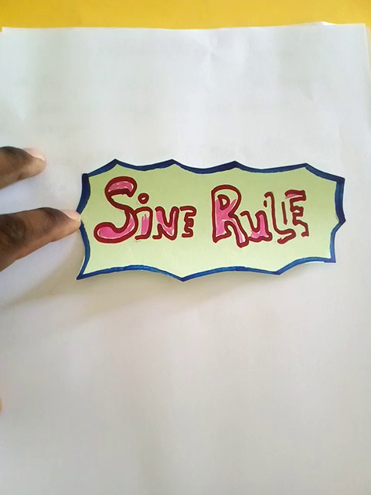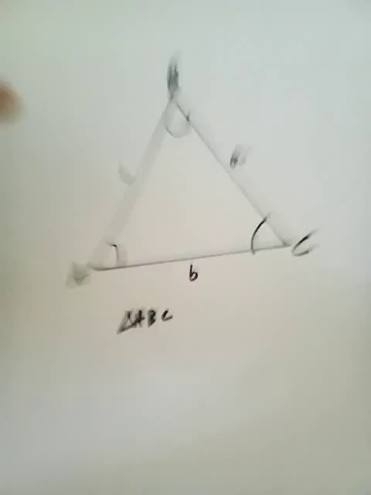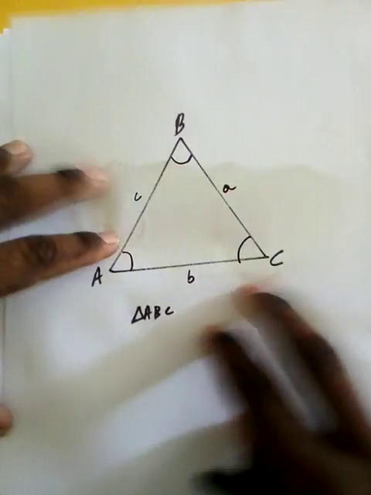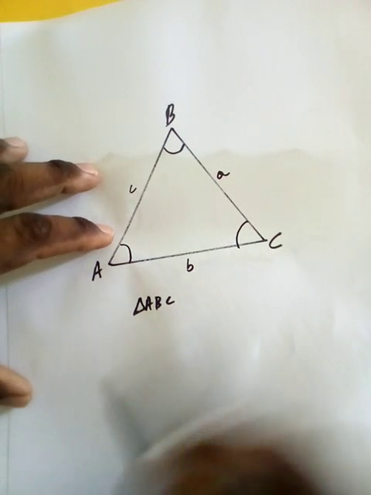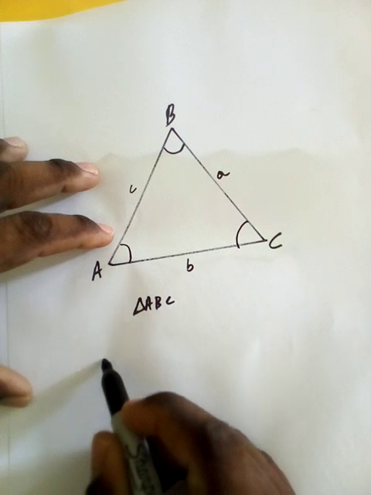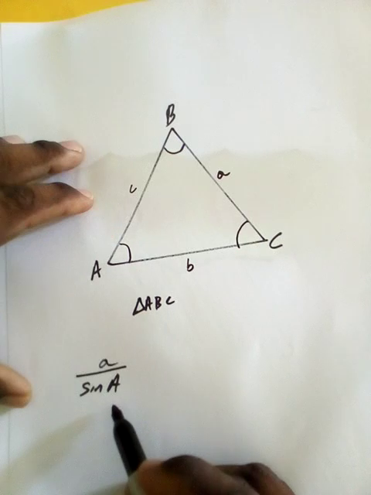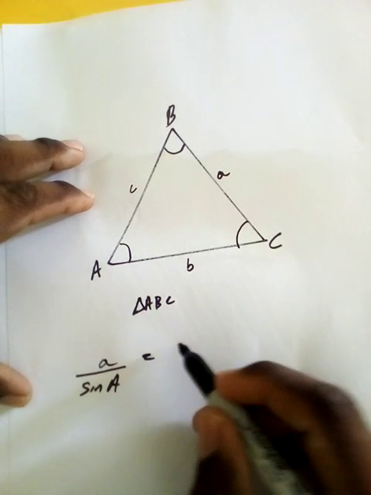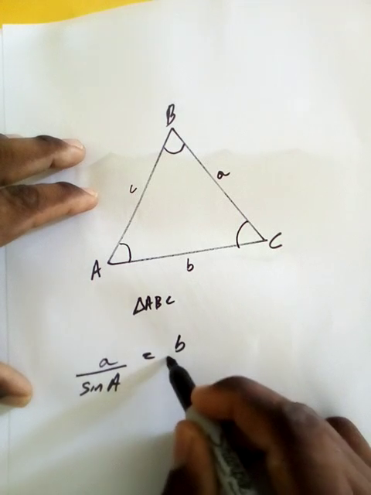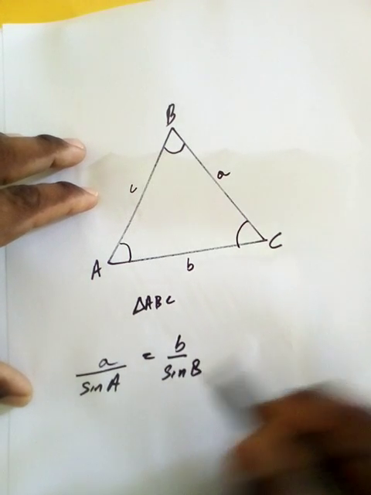Now, we are not going to prove the formula. We're just going to write the formula straightforward. The law of sines says that the ratio of one side over its angle is equal to the ratio of another side over its angle.